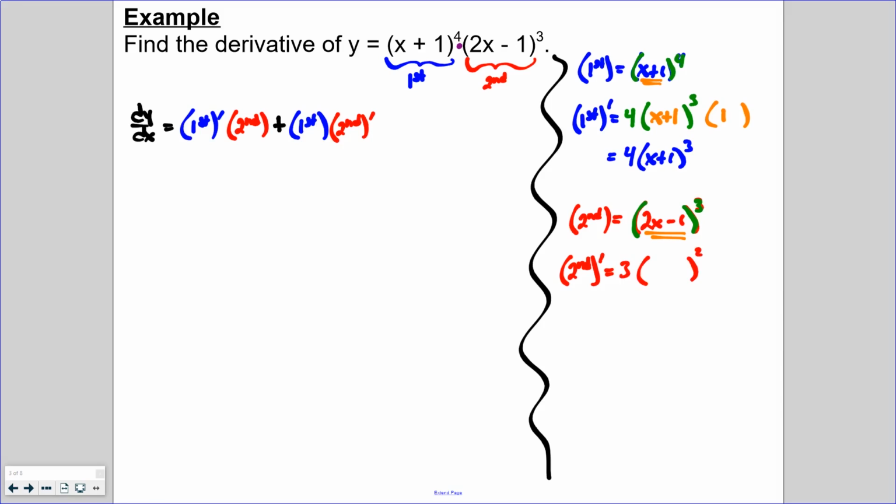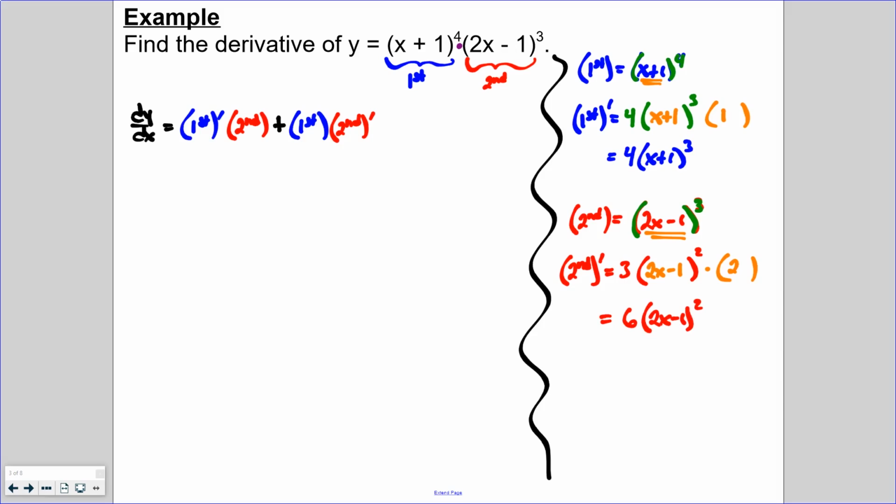We'll throw that inside function back on the inside, which will be 2x minus 1, and then we're going to multiply by the derivative of the inside. The derivative of 2x is 2, the derivative of negative 1 is 0, so we're just left with 2. And then we can multiply this out. 2 times 3 is going to be 6 times the quantity (2x minus 1) squared.